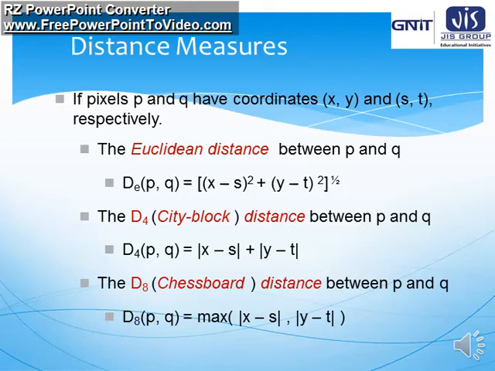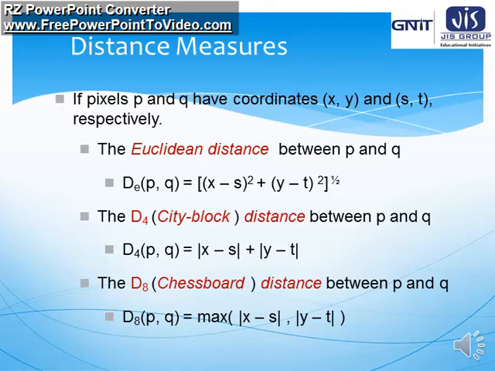To calculate the chessboard or D8 distance between P and Q, we follow the formula D8(P, Q) = max(|x - s|, |y - t|). So we calculate the difference x minus s, and we also calculate y minus t. Whichever result is the maximum will be the D8 distance.